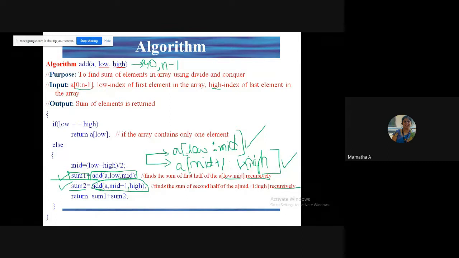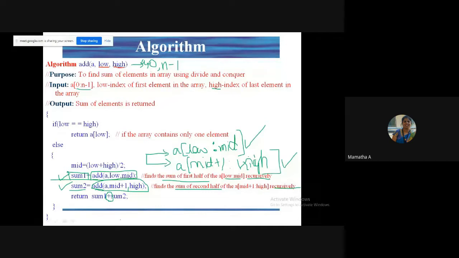So to compute the sum of n numbers, first I should compute what, students? What did I do first here? Sum of the first half. Next I should compute the sum of the second half. After that I should add them, isn't it?